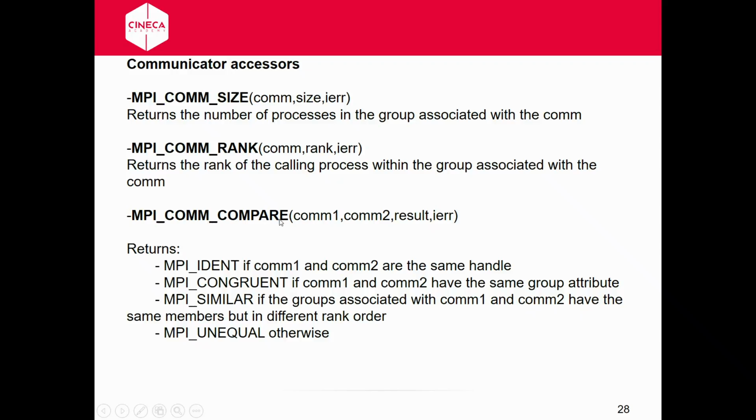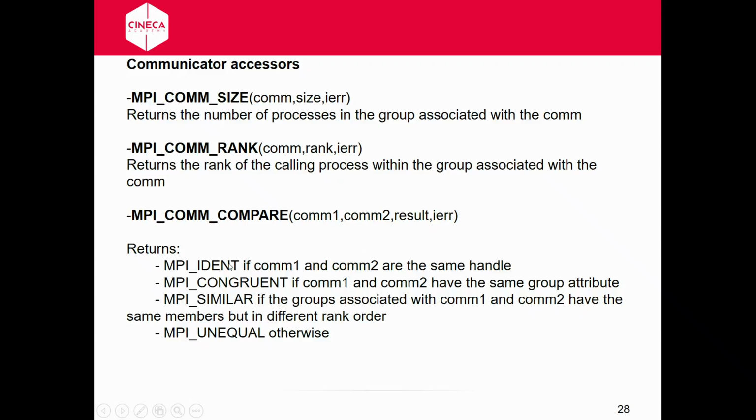and we can also use the function MPI_Comm_compare that compares the two communicators, in this case communicator 1 and communicator 2, and gives as a result this variable.